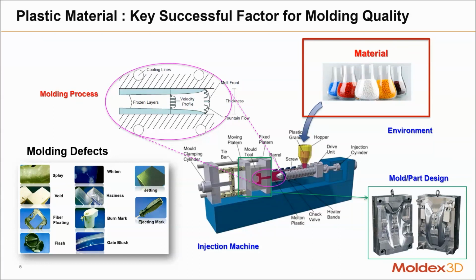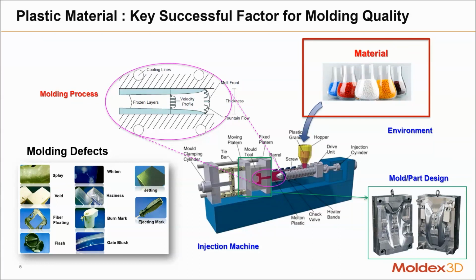But bear in mind, MI values are measured under very different sets of conditions than your injection molding conditions. So those values are useful information for molders for mold trials.